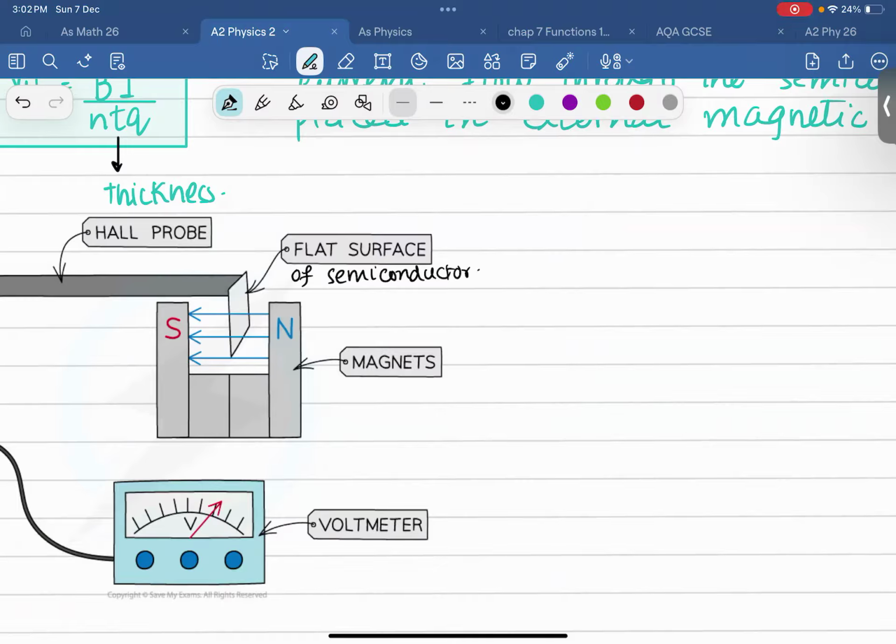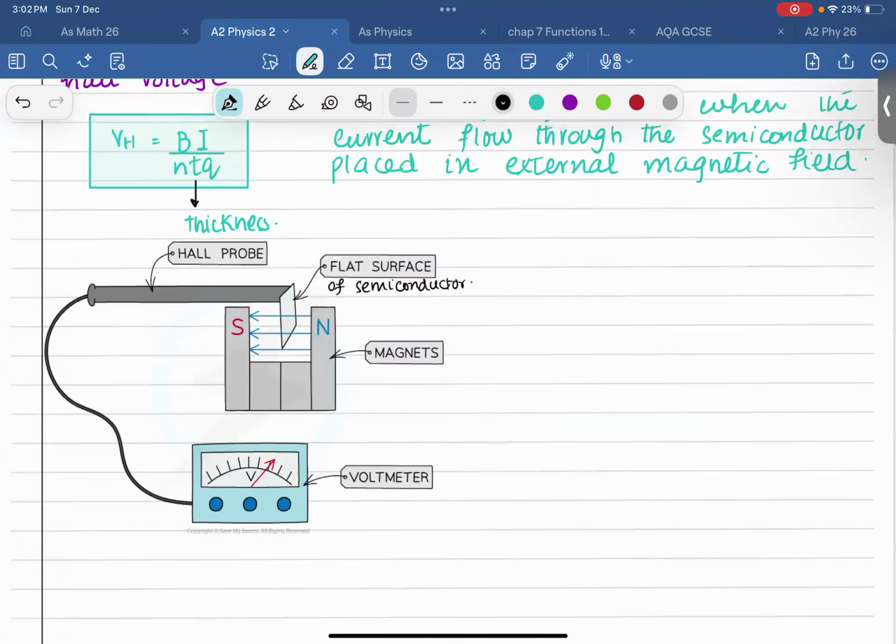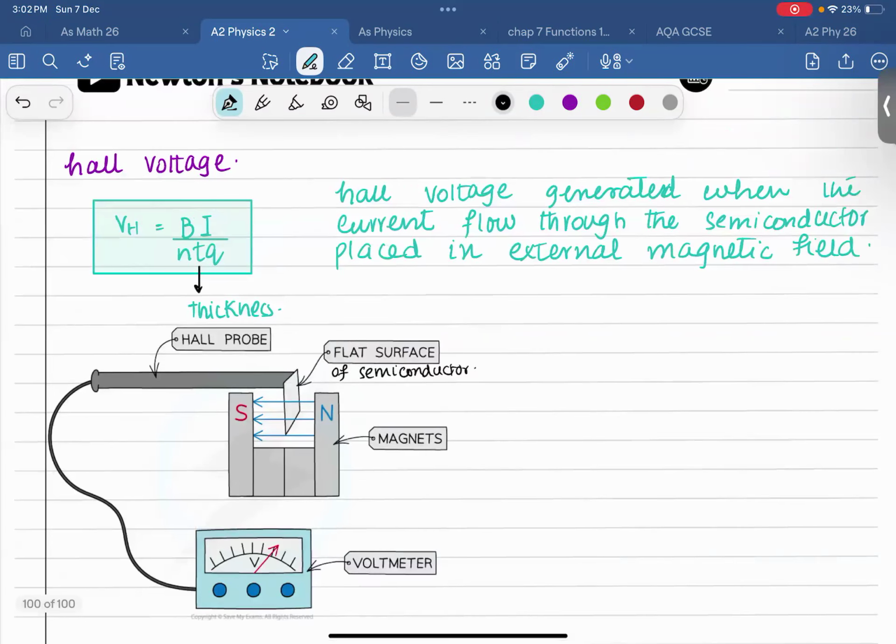We have two magnets, and there will be current flowing through it, and that induces the EMF, or basically generates the cross field, for the semiconductor placed in the external field.